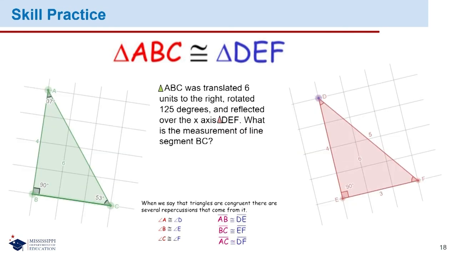Now let's look at one last. Triangle ABC was translated 6 units to the right, rotated 125 degrees, and reflected over the x-axis, creating triangle DEF. What is the measurement of line segment BC?